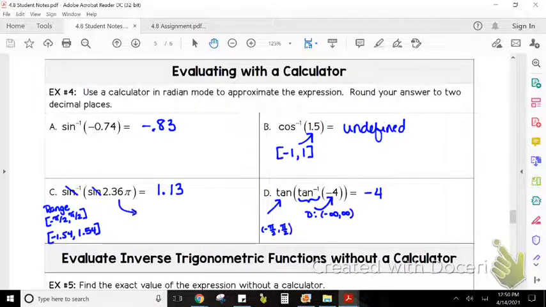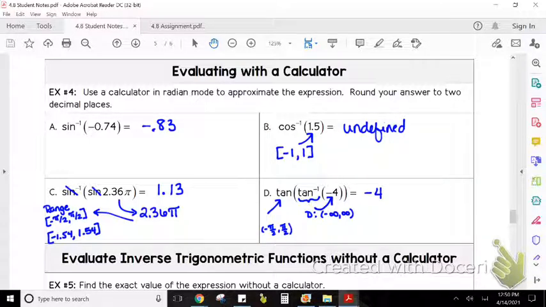In that case, we would have gotten 2.36 pi, which is not what 1.13 is equal to. But is that 2.36 pi in our range? Is it between negative pi over 2 and positive pi over 2? It is not.